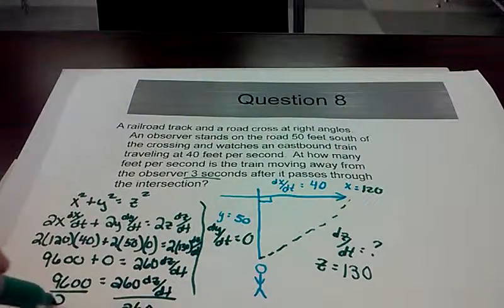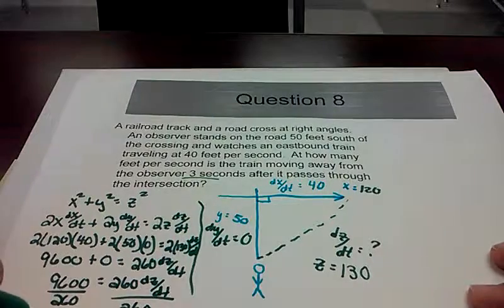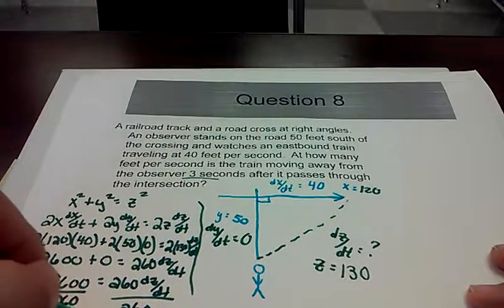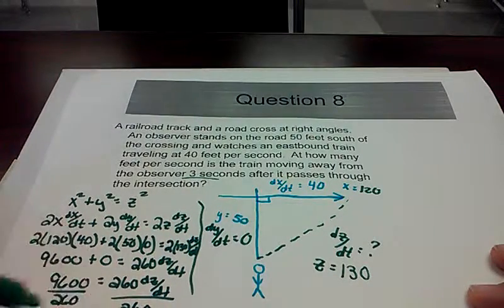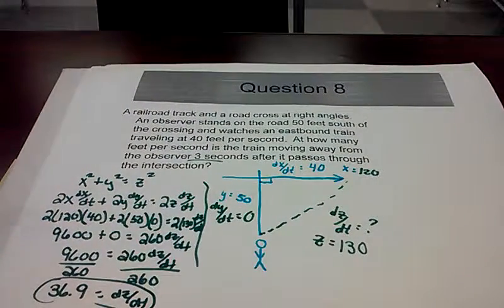Divide by 260, and that's going to give me a final answer of approximately 36.9. And so that means that the train is moving away from the observer at approximately 36.9 feet per second.